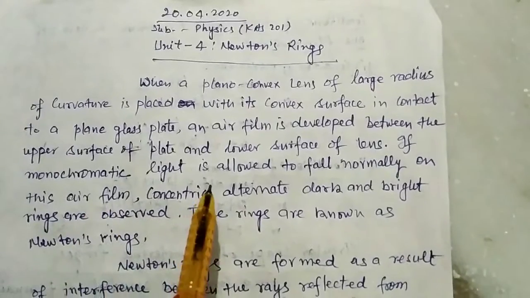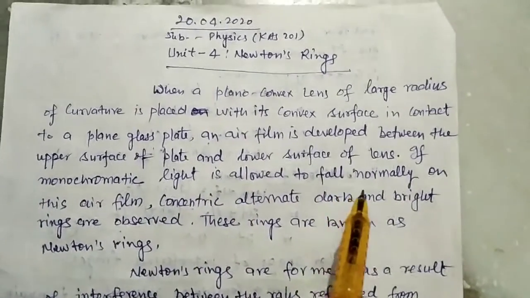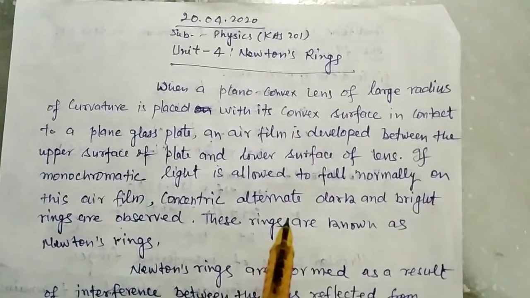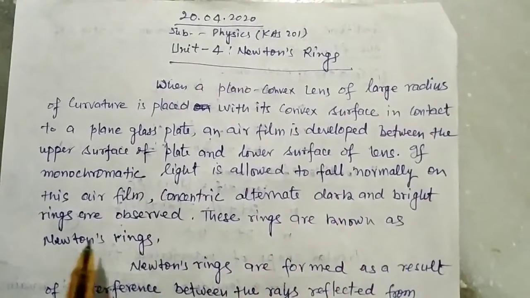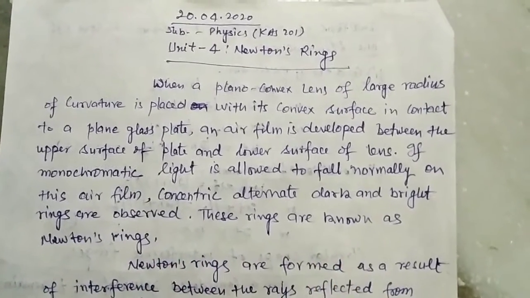If monochromatic light is allowed to fall normally on this air film, concentric alternate dark and bright rings are observed. These rings are known as Newton's rings.